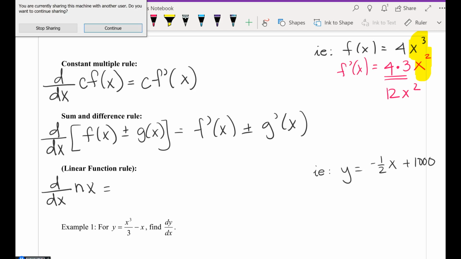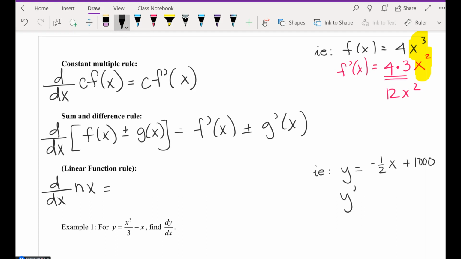What's the derivative? Negative 1/2. Thank you. Because what's the derivative of 1,000? It's 0. It's nothing. It went to 0. So it's always n. It is linear. And this is where we are going to stop today.